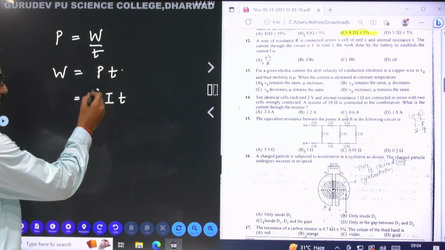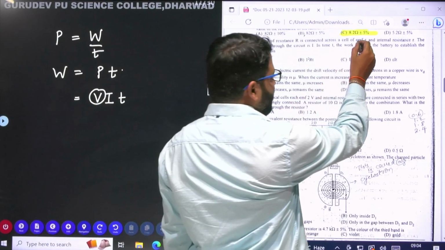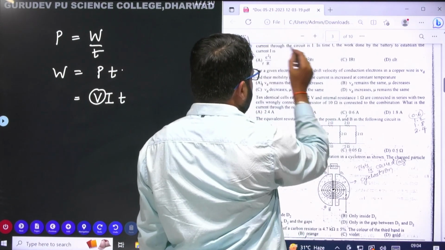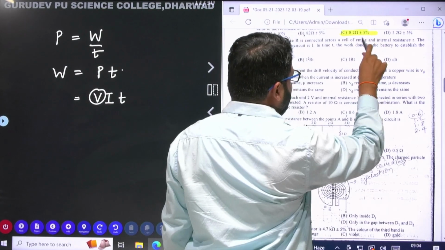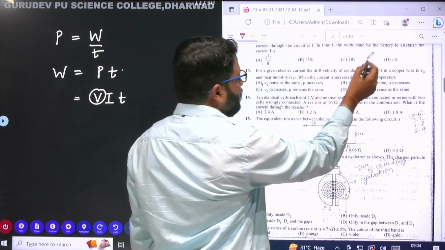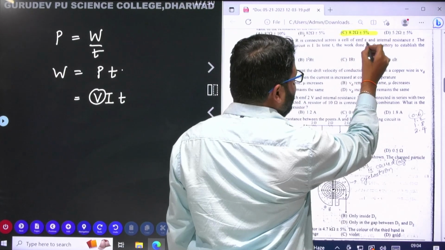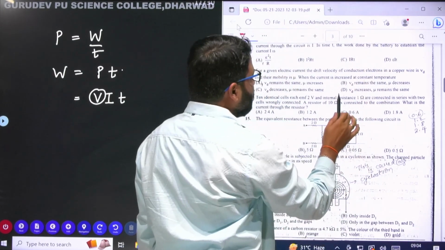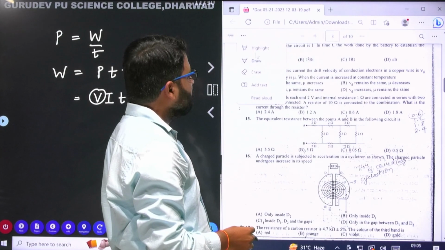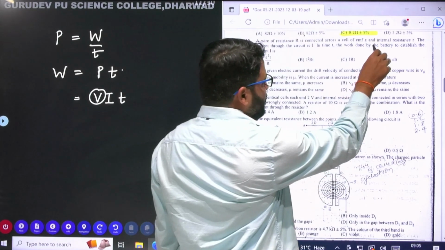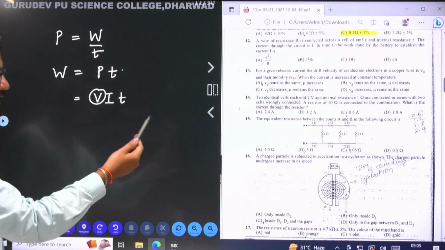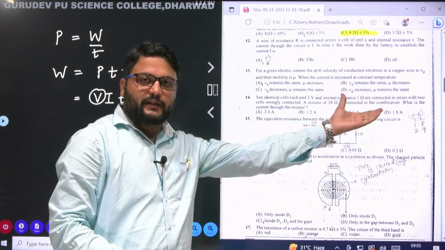The reason is, this is a terminal potential difference. Since they are telling you that EMF of the cell is E, and internal resistance is r, you can clearly understand that EMF can be taken only when the internal resistance isn't there.